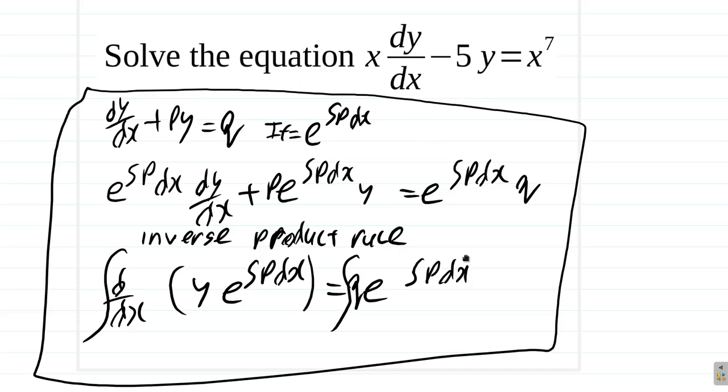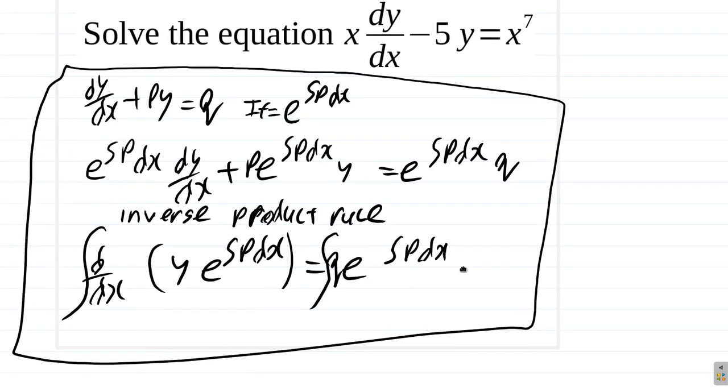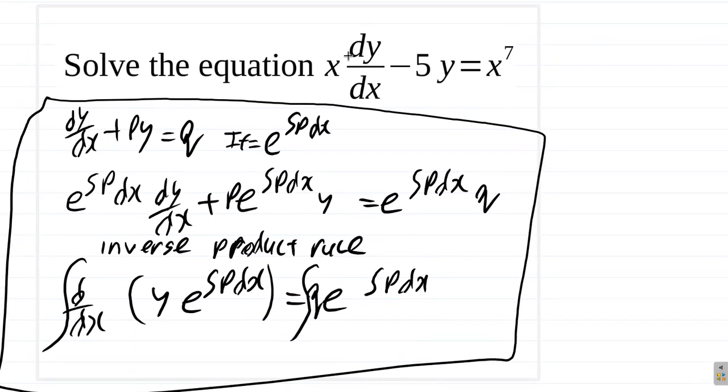Now, when it comes to this, I had done some work on it before. What I got for the answer was y equals x to the power of 8 divided by 3 plus c x to the power of 5.